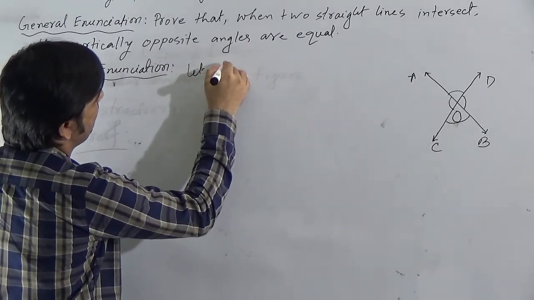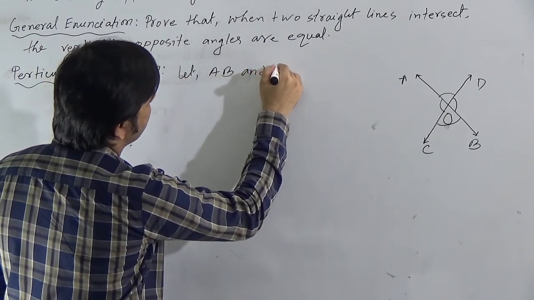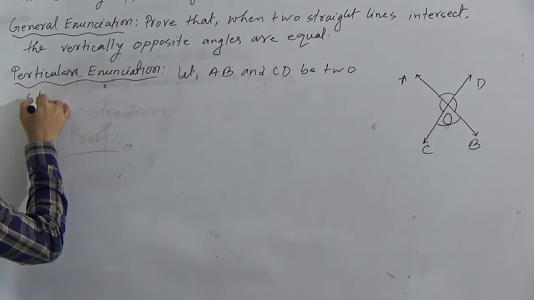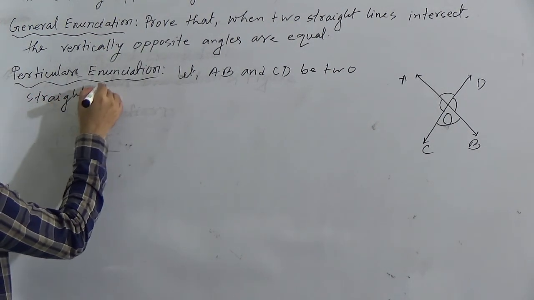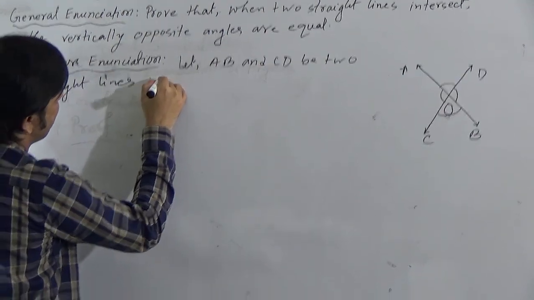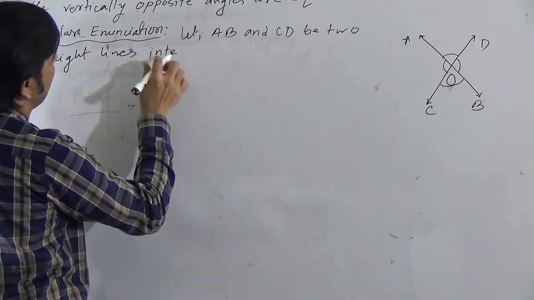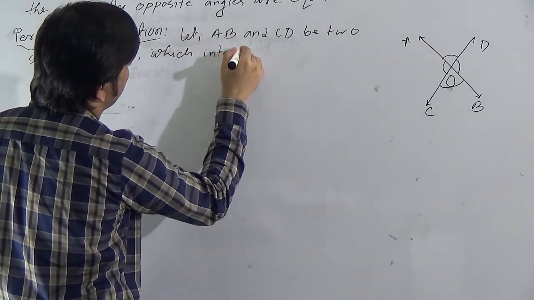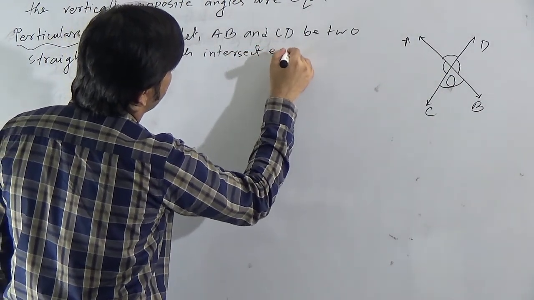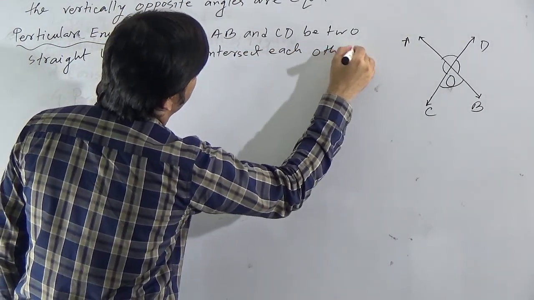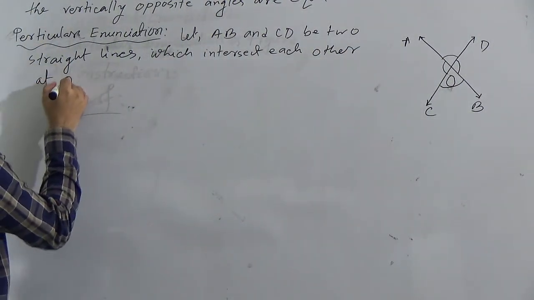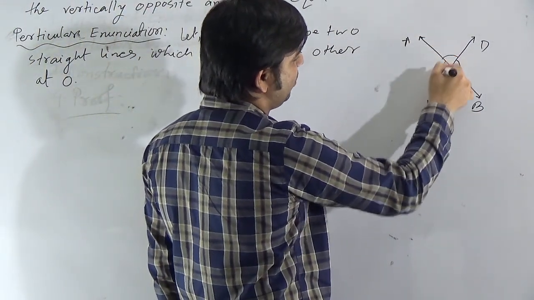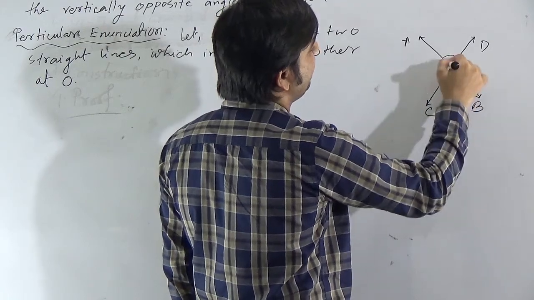Let AB and CD be two straight lines which intersect each other at O. As a result, four angles are produced here: AOC, COB, BOD and AOD.